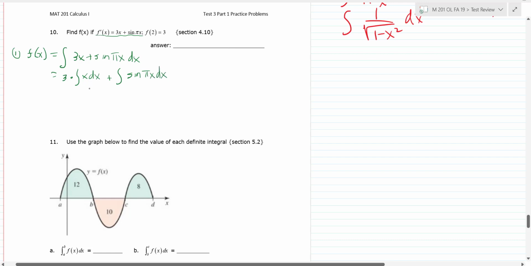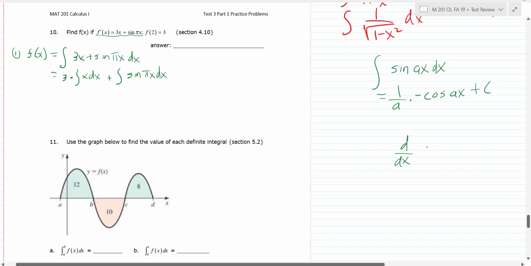The only real thing I'm doing here is a power rule, but also we have this rule. The antiderivative of sine ax dx is 1 over a times negative cosine ax. Double check this.